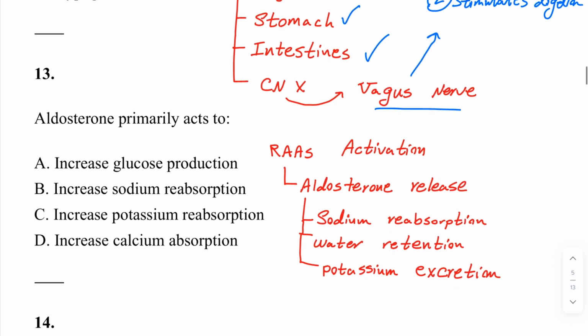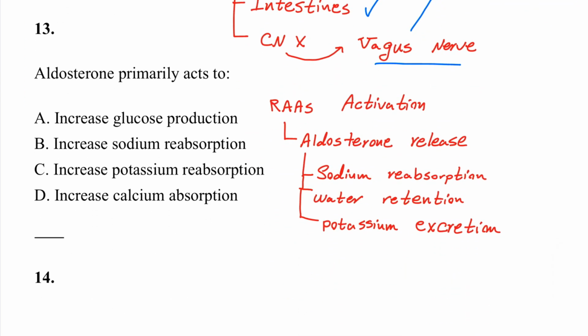Option C. Number 13. Aldosterone primarily acts to A. Increase glucose production, B. Increase sodium reabsorption, C. Increase potassium reabsorption, D. Increase calcium absorption. So, aldosterone is one of the most important hormones involved in fluid balance.